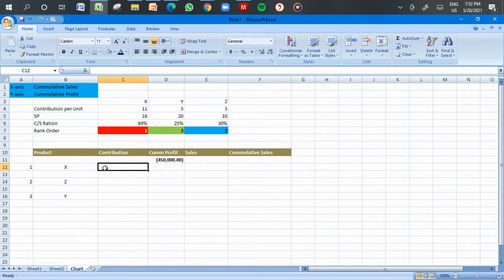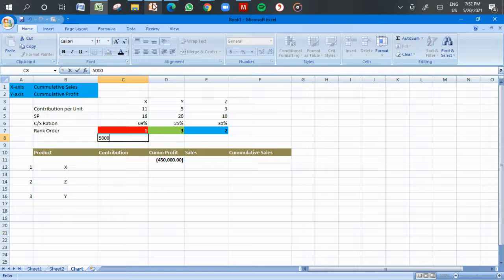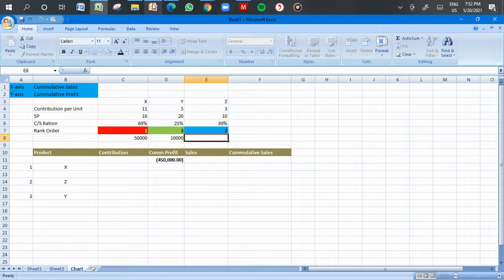When we start to produce X, what is the total contribution from X? Let me put the units here. For X, we have 50,000 units. Y, we have 10,000 units. Then here we have 100,000 units. So when we start to produce 50,000 units of X, what will be our contribution? Our contribution will be the total units multiplied by the contribution per unit. So our contribution will be 550.